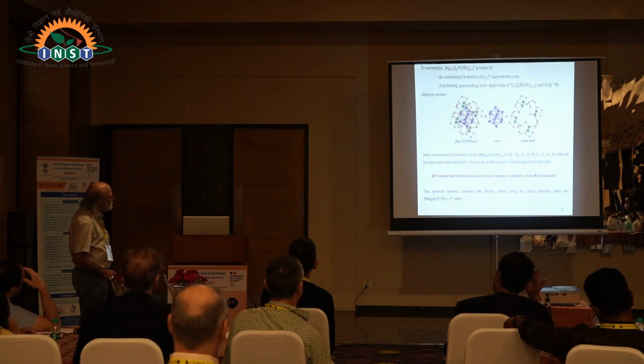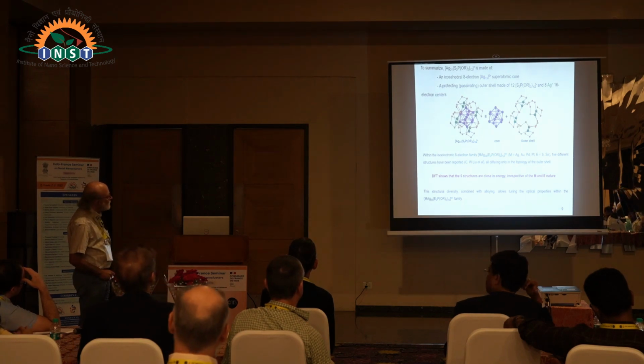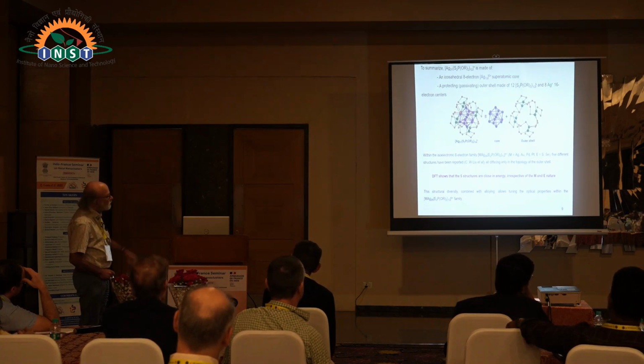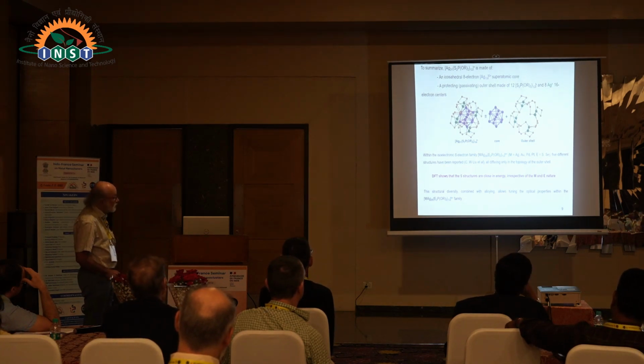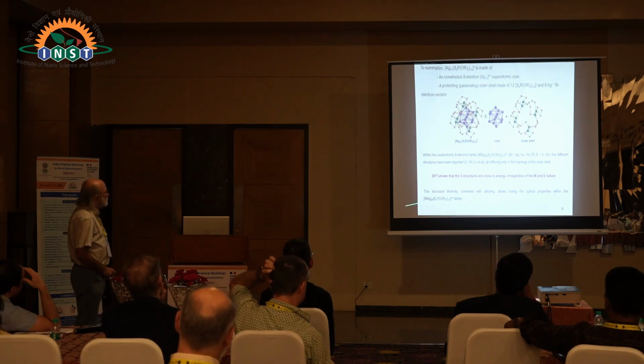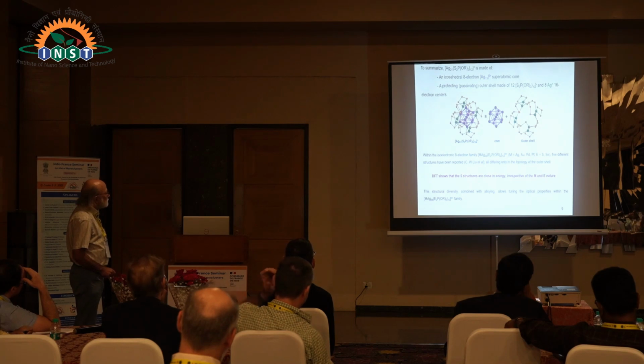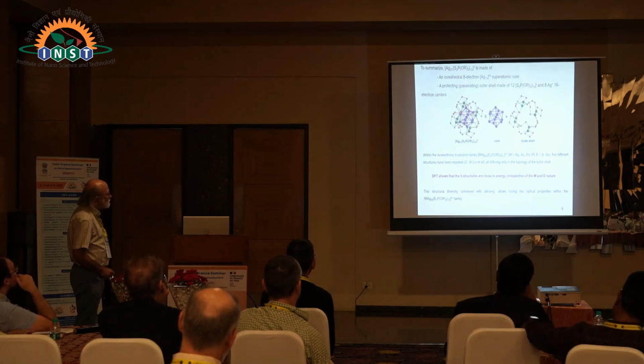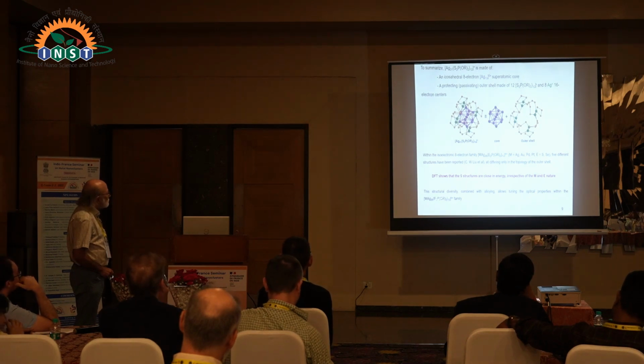In all these protecting shells, the metal, the green silver 1 metals, are planar trigonally coordinated. And DFT shows that the 5 structures are very close in energy, irrespective of the nature of M and E. So this structural diversity allows tuning the optical property within this family of compounds.